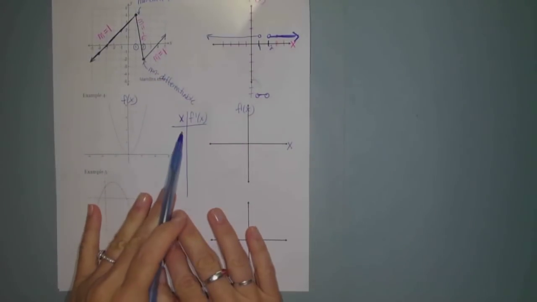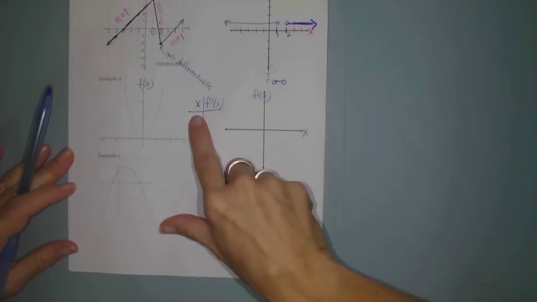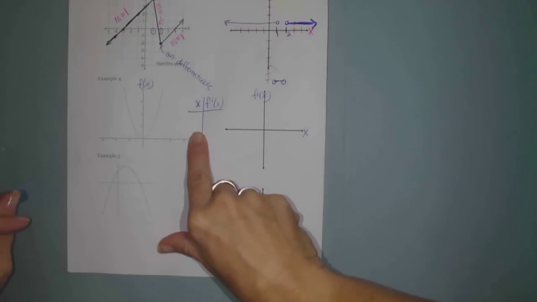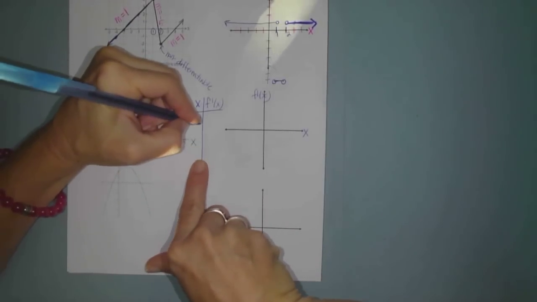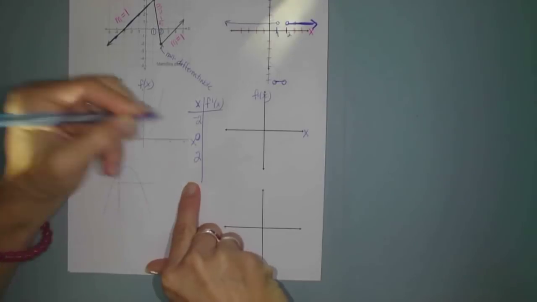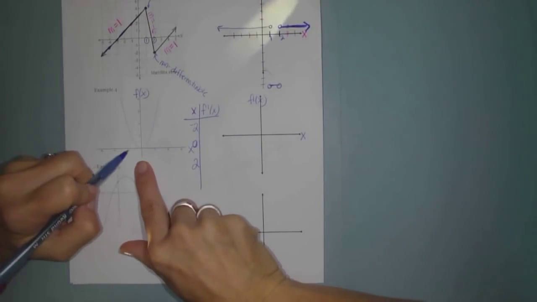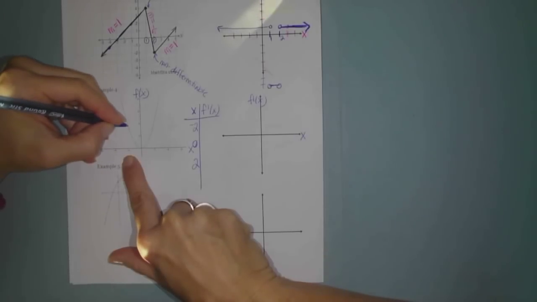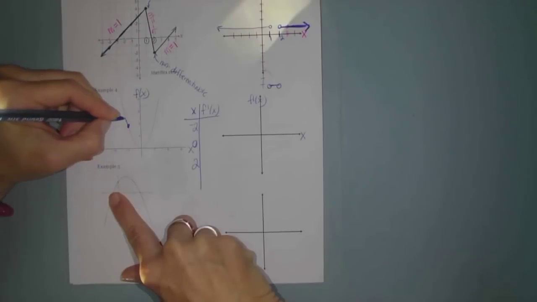And I'm going to pick some x's and analyze the slopes of the tangent lines. So let's choose a negative, let's choose the origin, and let's choose a positive. So I might choose -2, 0, and +2, just like we did on that first example. So let me go to -2. Come up to the graph, about right here, and let me draw a tangent line.